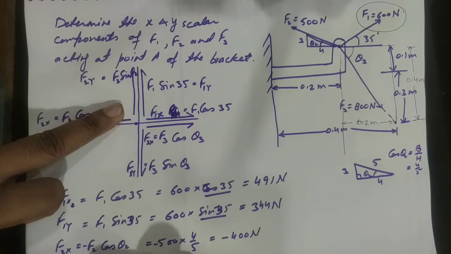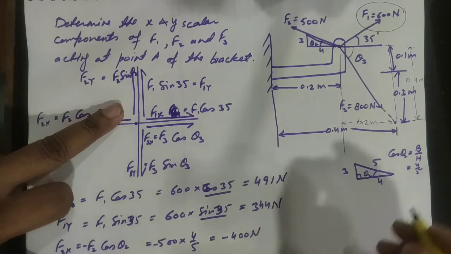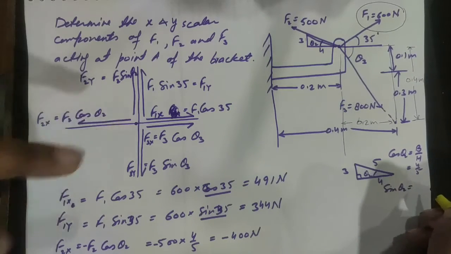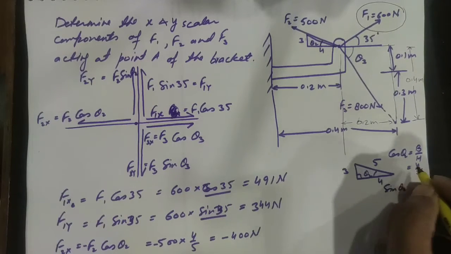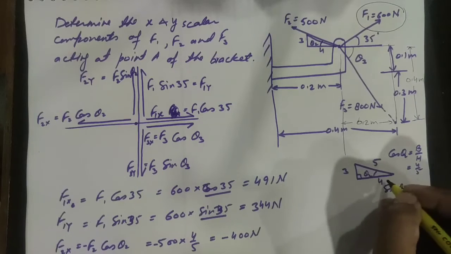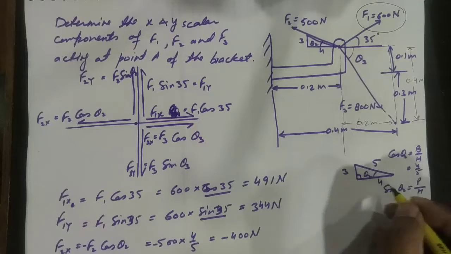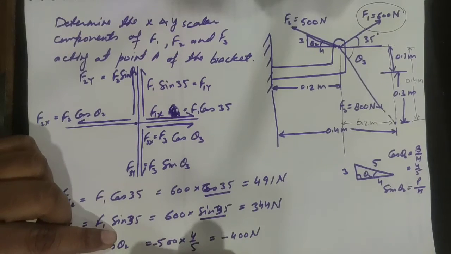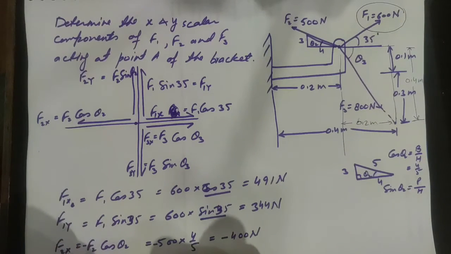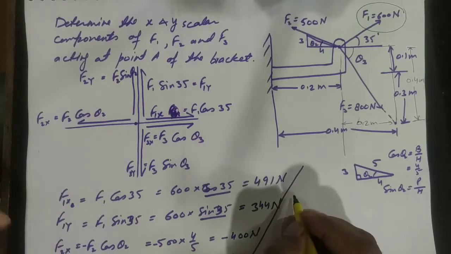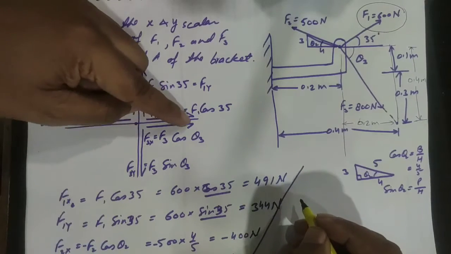This is 500 into the value of sine theta 2. Sine theta 2 is equal to perpendicular upon hypotenuse. So 3 by 5, so that will be 300 Newton. And we have to calculate the value of this.